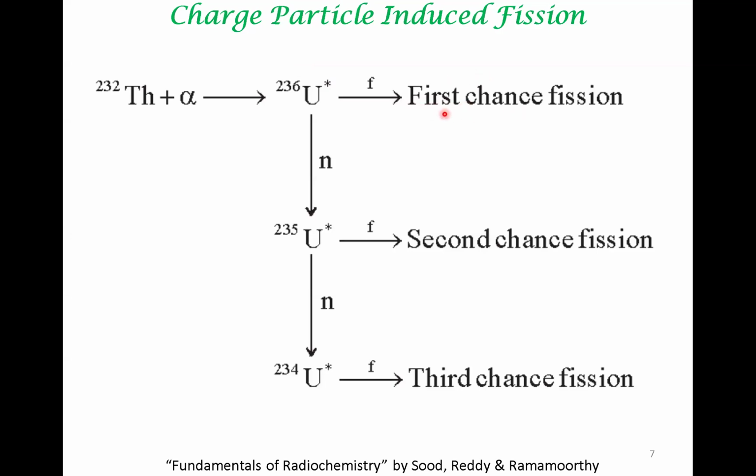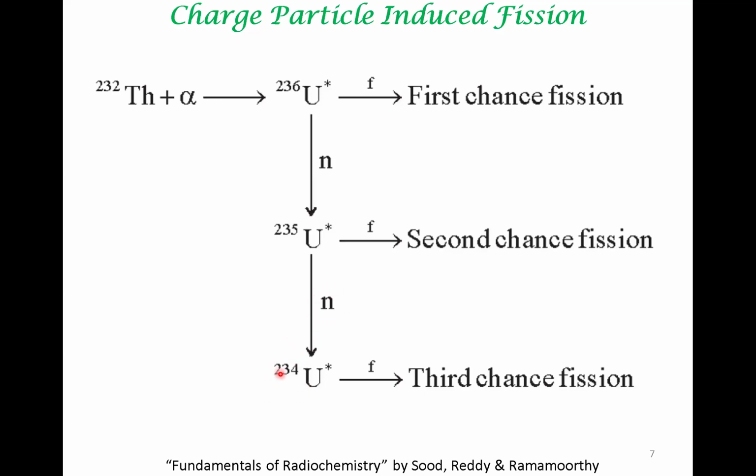Sometimes what happens is there is a de-excitation process via a neutron emission. You form an isotope of uranium which has one less atomic mass. Again, this is an excited state. You may have fission from this nucleus, or you may have further de-excitation via neutron emission.